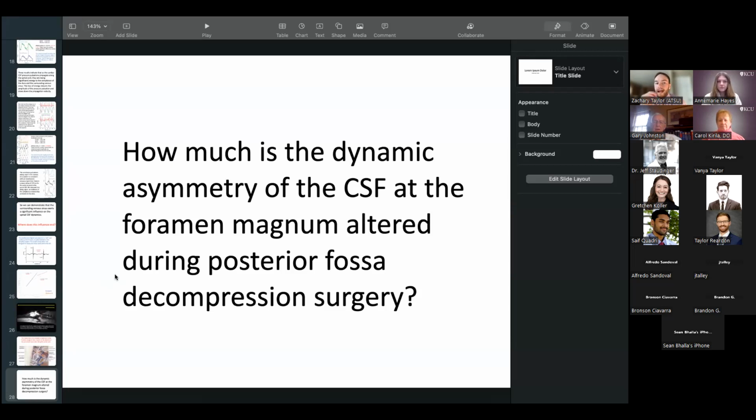So obviously I've never actually seen this surgery done, but from my understanding, I believe that you could maybe change the intraoperative angle. I do not know exactly how they shave off the posterior fossa, but I'm pretty sure that with posterior fossa decompression, it's just straight down the middle.